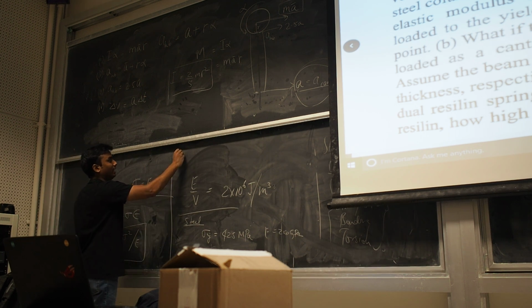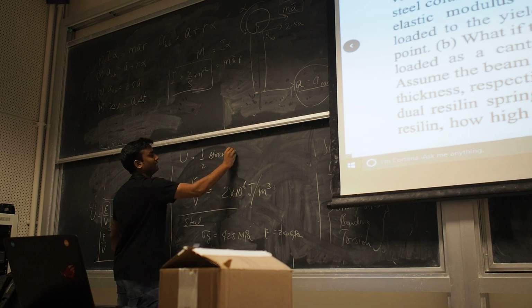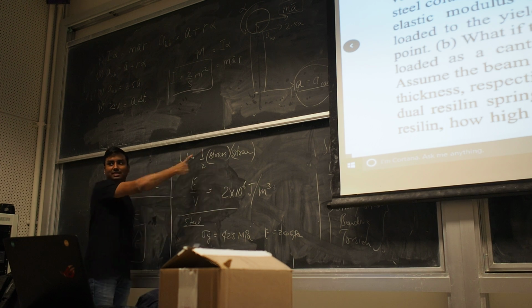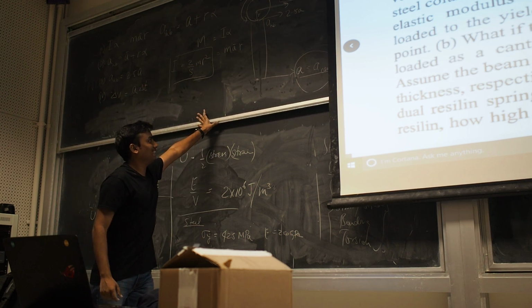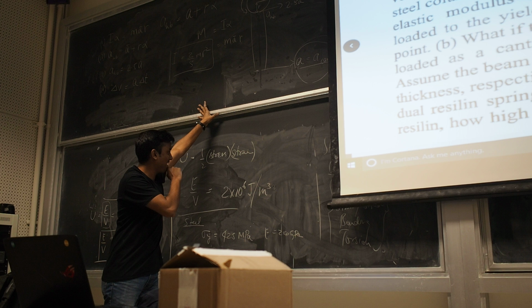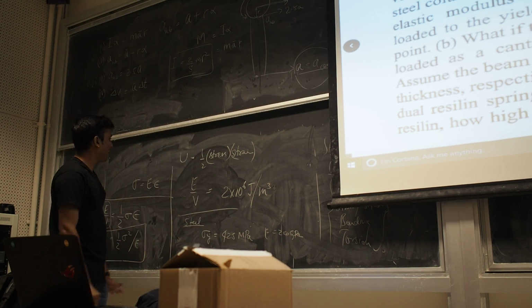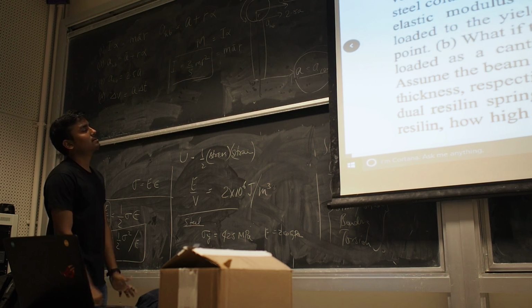Energy per unit volume is half stress times strain. Aren't you familiar with this? No. Oh my god. I haven't heard anything about it. I just need to know it. This is not the grad part.